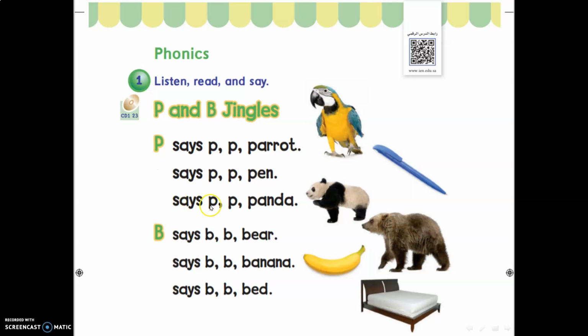P says panda. B says bear. B says banana. B says bed.